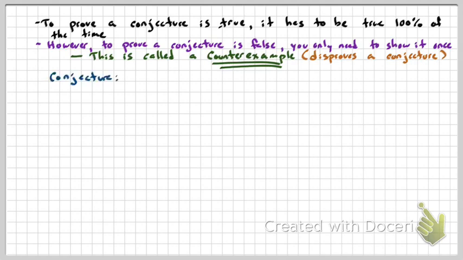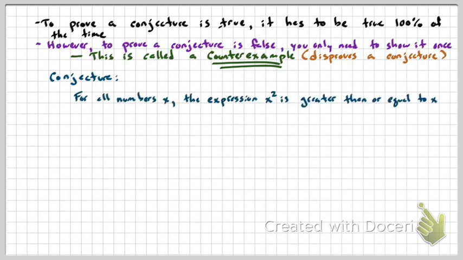So let's look at a more simplified version, something we can understand from an algebra perspective. Let's say that for all numbers x, so imagine any number for x, the expression x squared, so if we were to square that number you were thinking of, is always going to be greater than or equal to the original number. For example, if I take the number 2 and square it, that gets me 4.